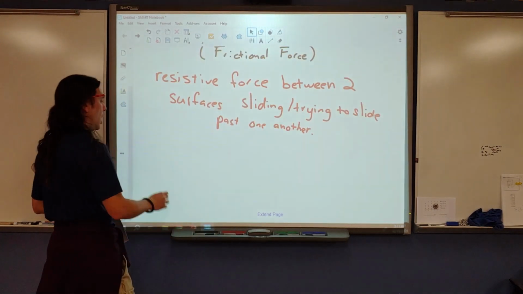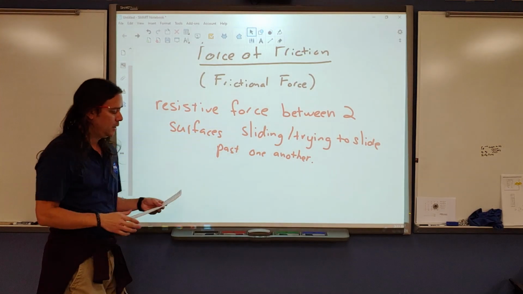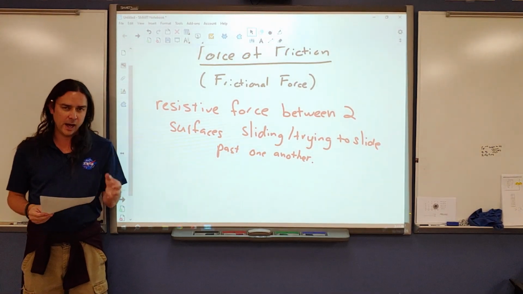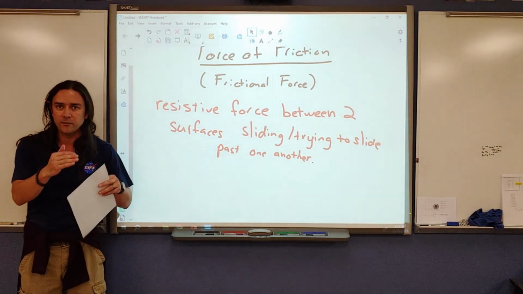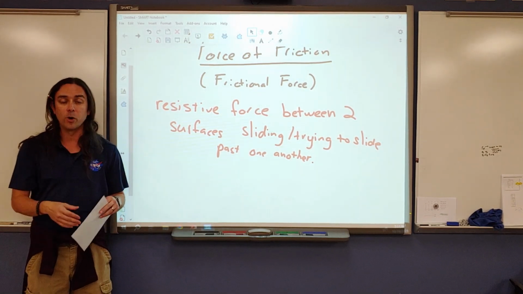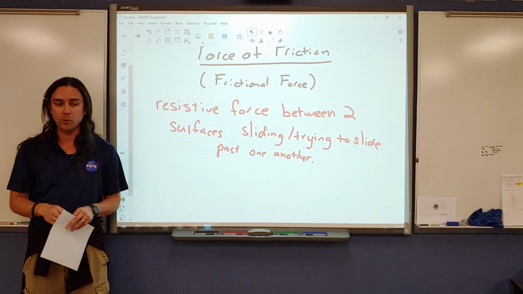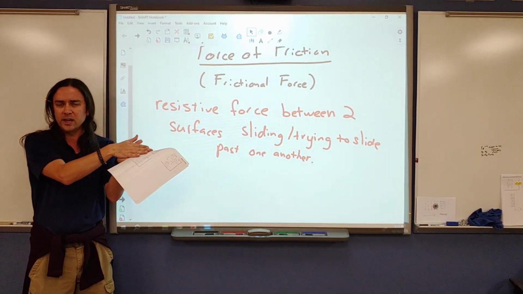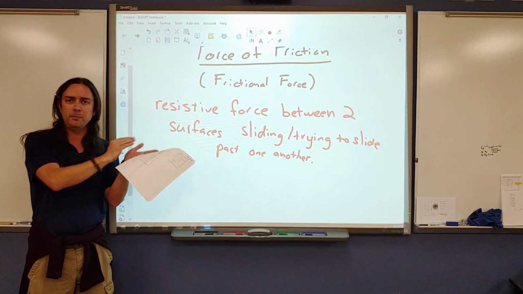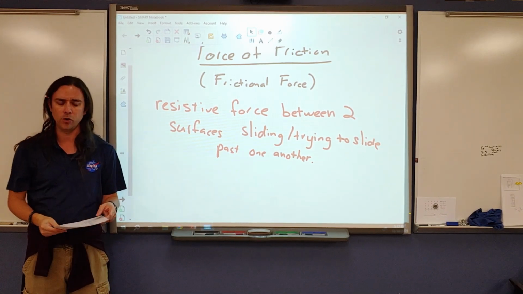So here's a description of the force of friction. It's actually caused by things not being perfectly smooth when you zoom in down to the atomic level or getting close to that. On the microscopic level, you've got a bunch of bumps and little valleys for any two objects that would go together. As those things try to slide past one another, they have to scrape over one another.